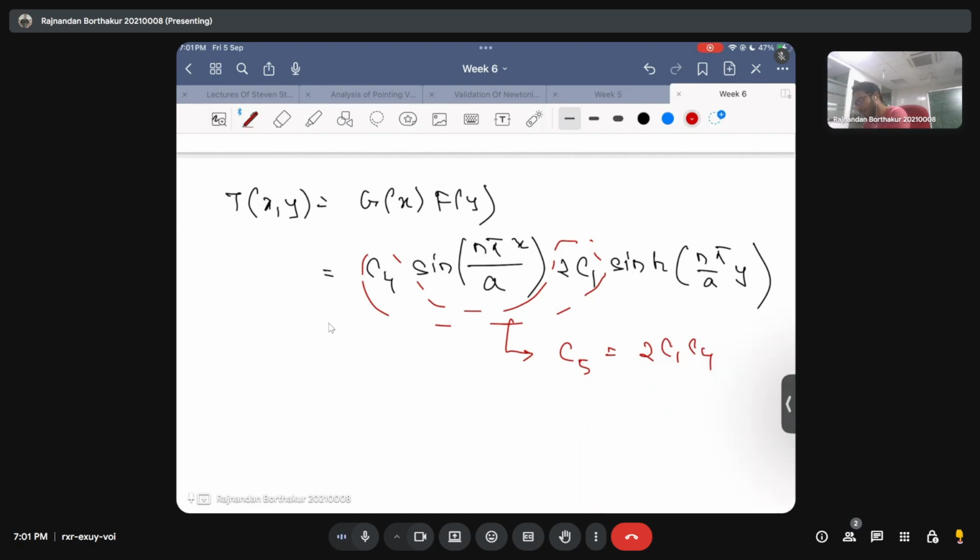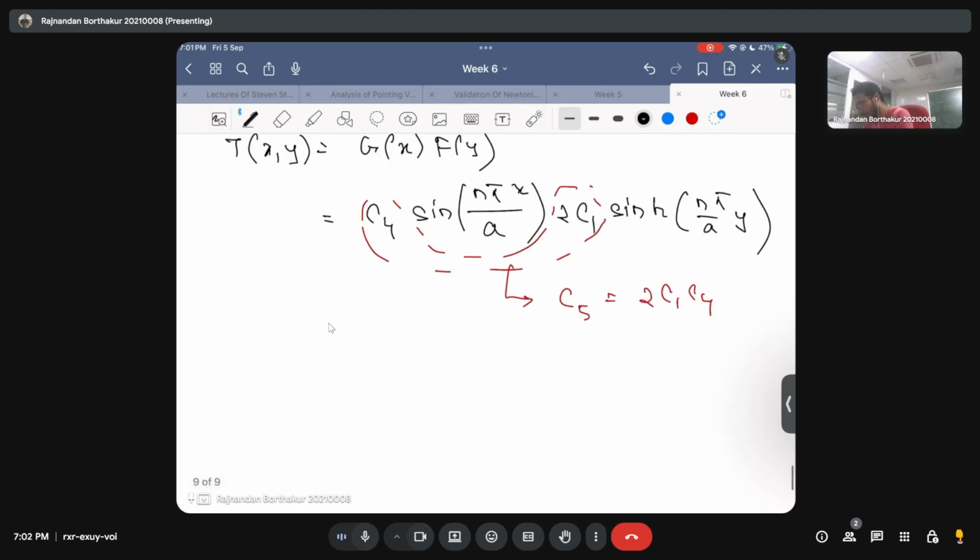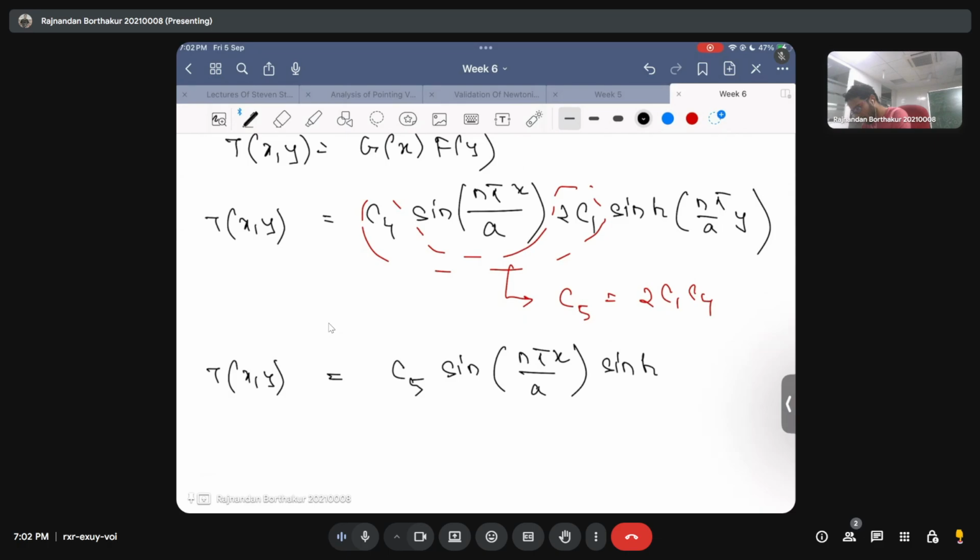I'm just writing this as another constant, and then this t of x comma y becomes c5 times sine of n pi x by a times sine hyperbolic n pi y.